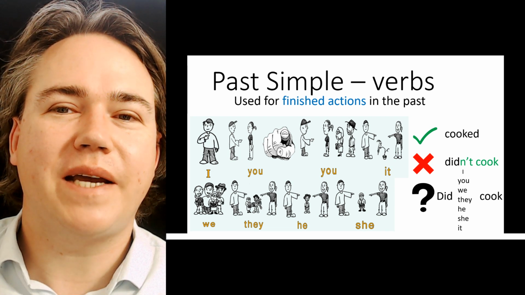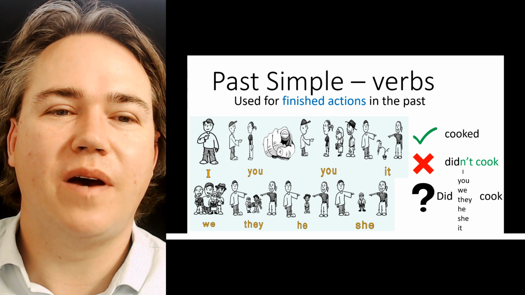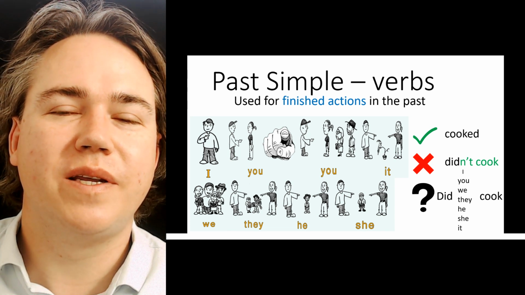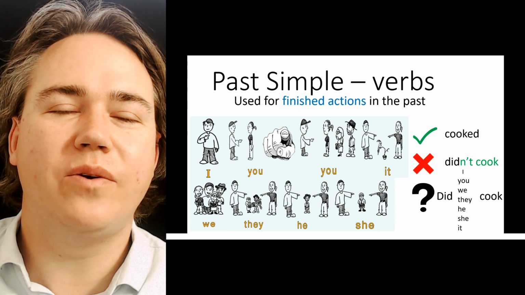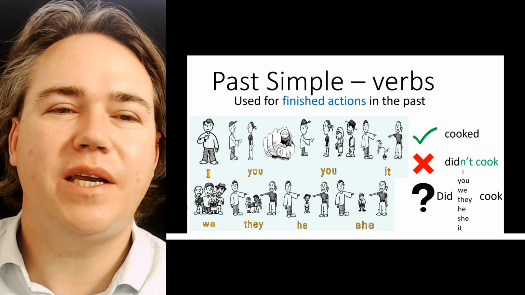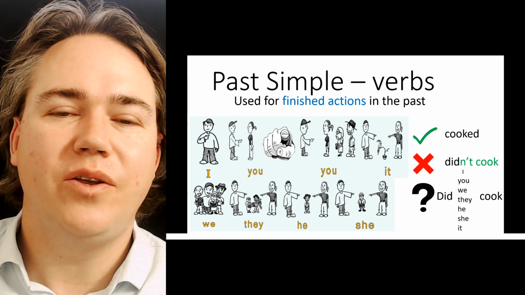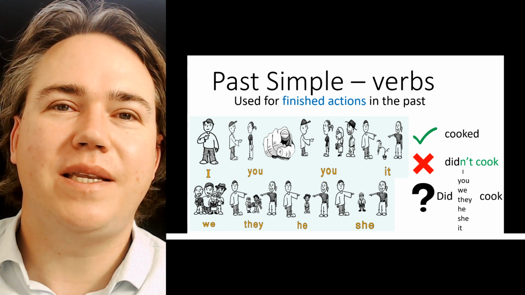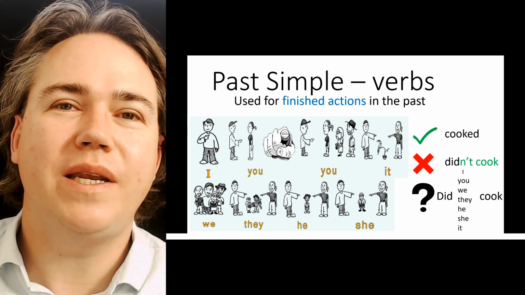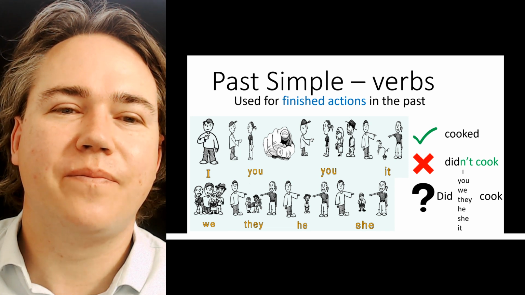So for finished actions in the past, it's the same for all of them. So I cooked, you cooked, it cooked, we cooked, they cooked, he cooked, she cooked. I didn't cook, you didn't cook, it didn't cook, we didn't cook, they didn't cook, he didn't cook, she didn't cook.